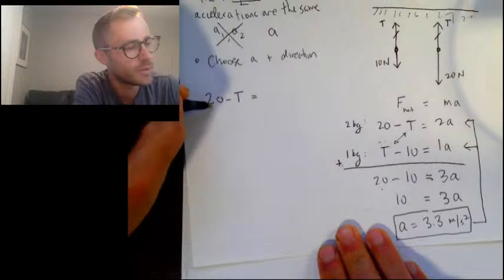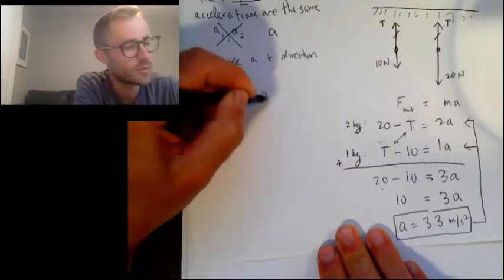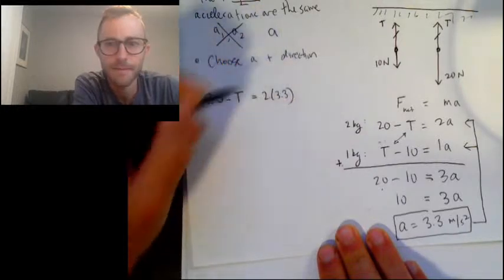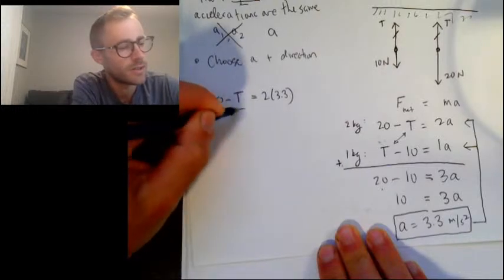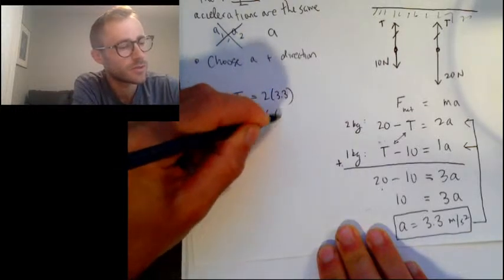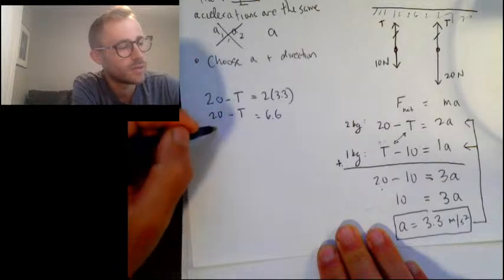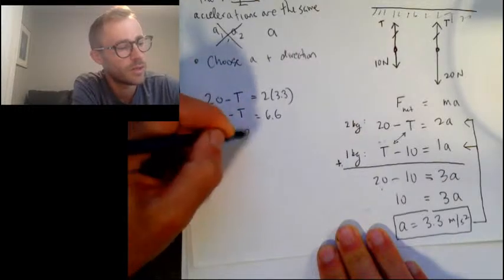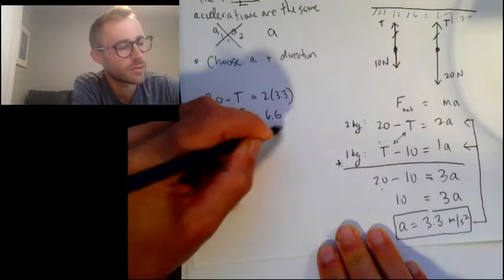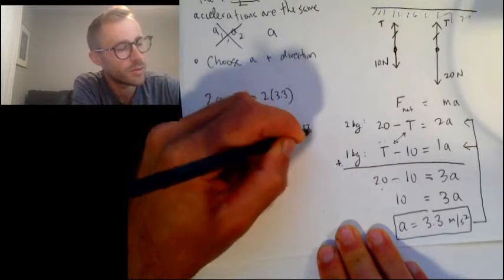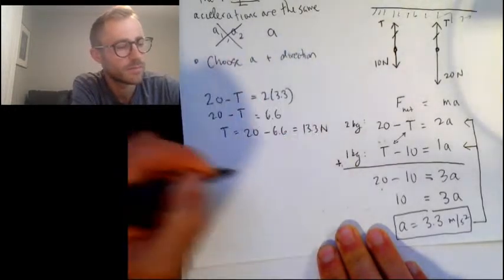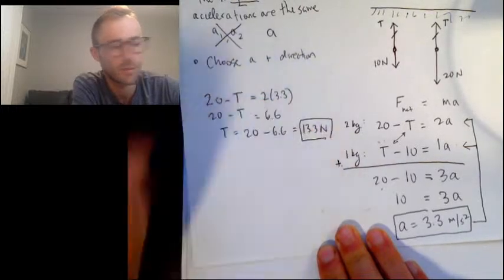So that would be 20 minus t equals 2 times 3.3. So that means that 20 minus t is equal to 6.6. So that means t is equal to 20 minus 6.6 equals 13.3 newtons is the tension in the rope.